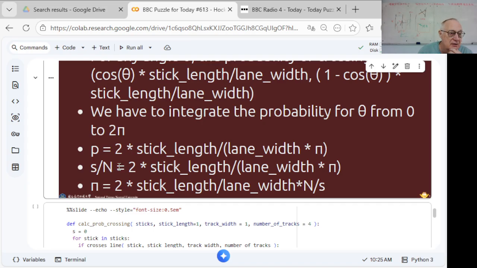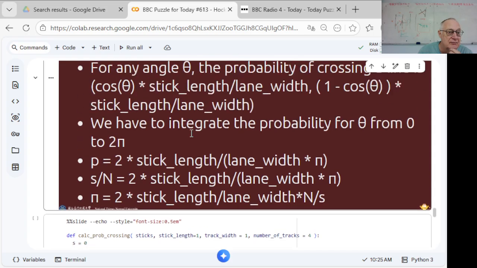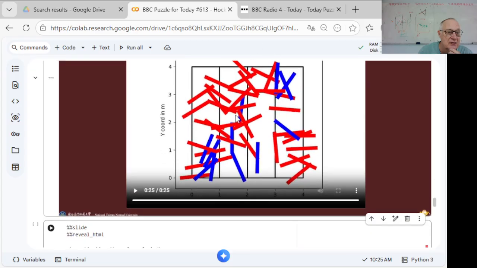So here we have the stick length, and that means that this particular test here, throwing these sticks without knowing anything about the width of the track or the angle that they come down at, actually allows us to estimate the value of pi, which is surprising to most people. And in fact, the probability that you will get if the stick length is the same as the track length is actually 2 over pi.